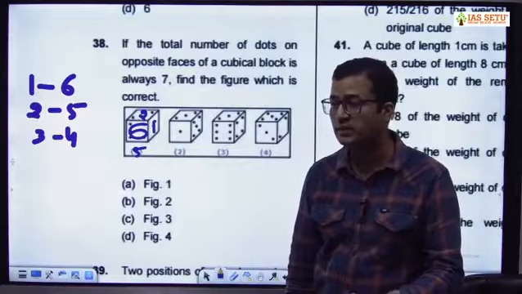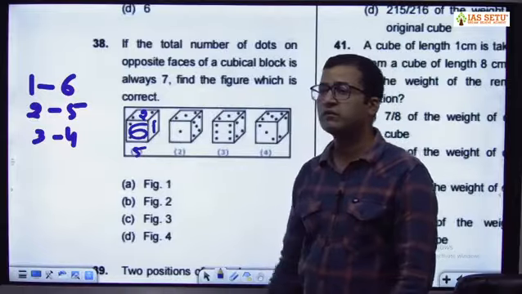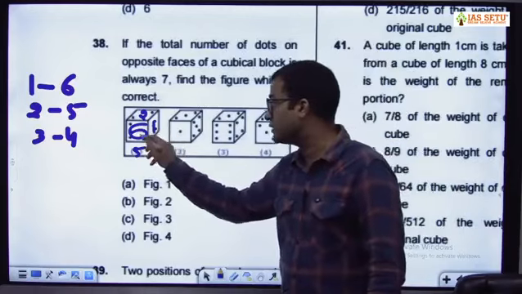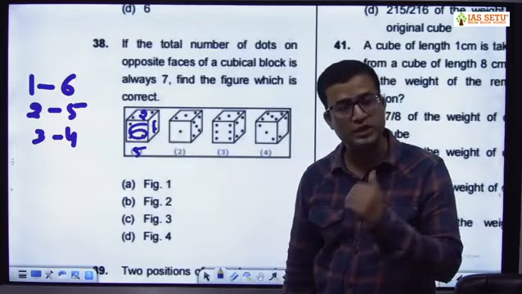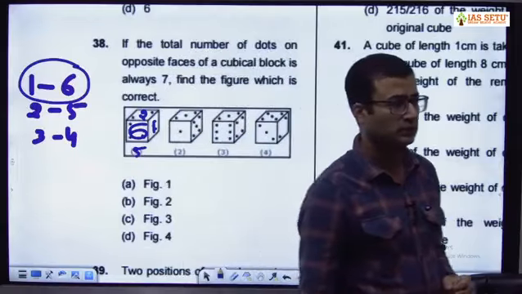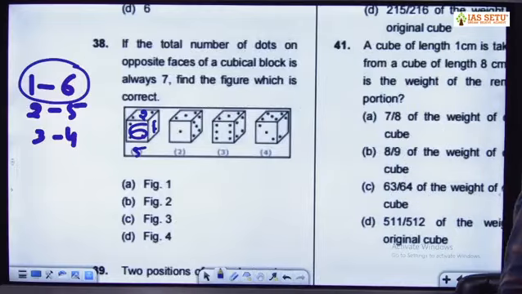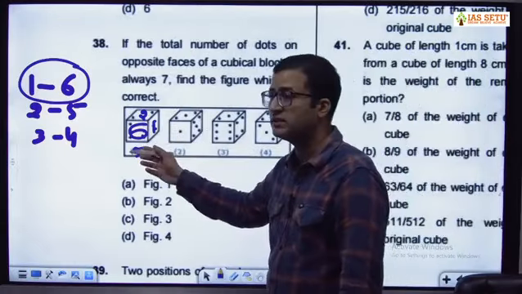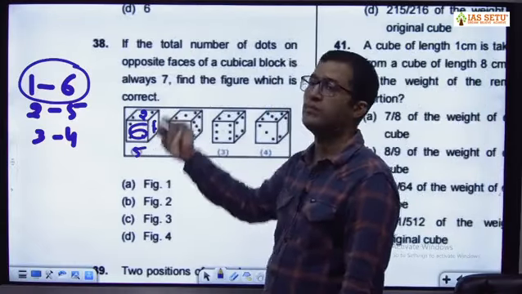Not possible. So here why figure 1 is wrong, why it will contradict your question: because 1 and 6 are given adjacent, but to satisfy this question I need 1 and 6 opposite. 1 and 6, 2 and 5, 3 and 4 have to be opposite. Since 1 and 6 are adjacent, I don't have an option to put opposite of 6.